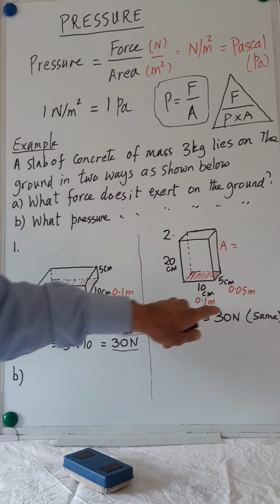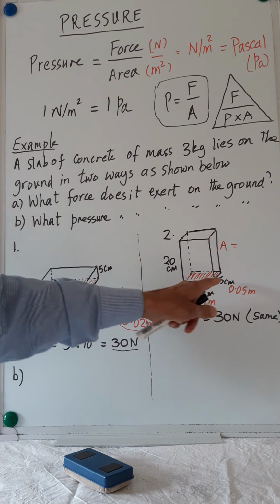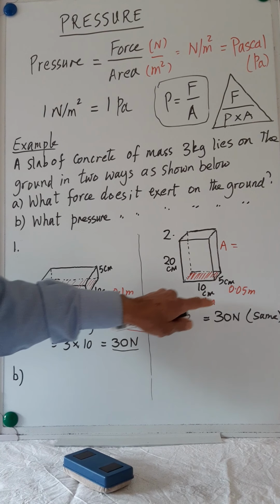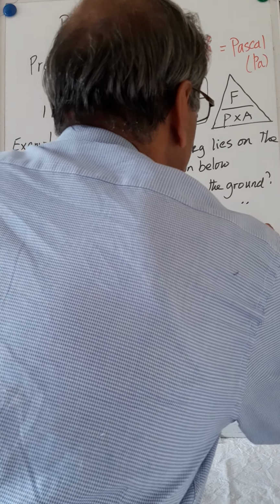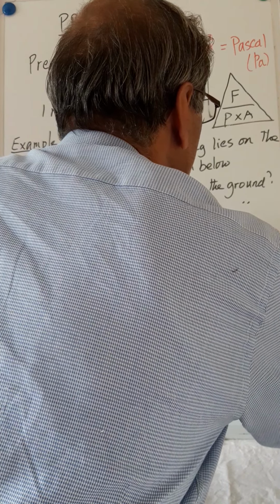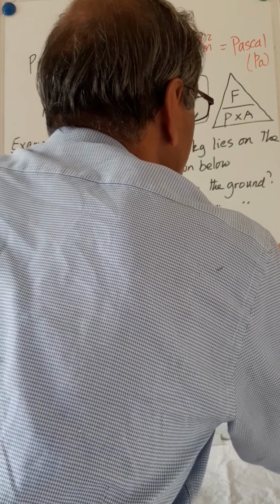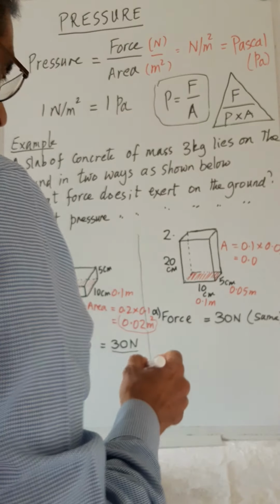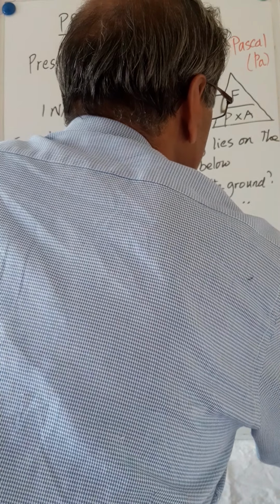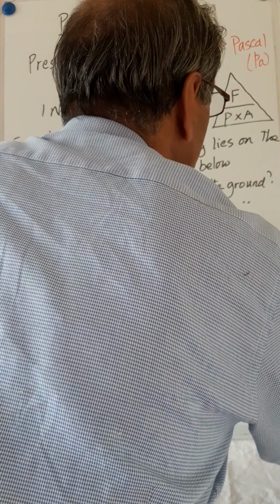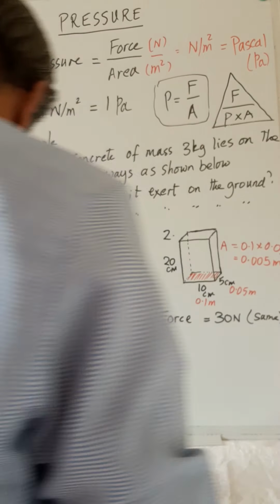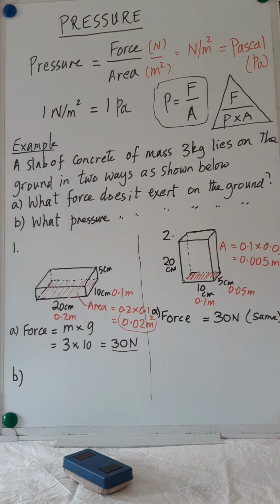So the area of this is going to be 0.1, the length, times the width of this rectangle, which is 0.05. 0.1 times 0.05 comes to 0.005 meters squared.